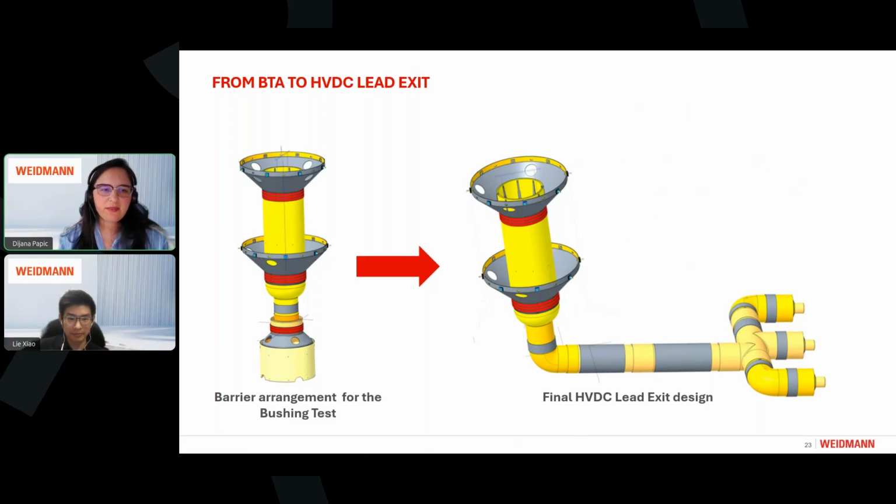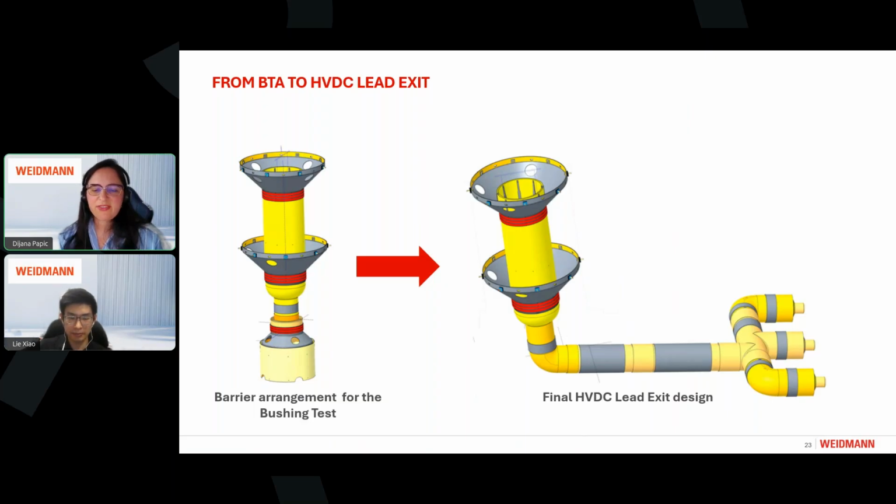So as Leah mentioned, the first step in designing a lead exit for DC purpose is to have the input data from the bushing test arrangement, because the design used for the connection on the bushing is the same one used in the lead exit.